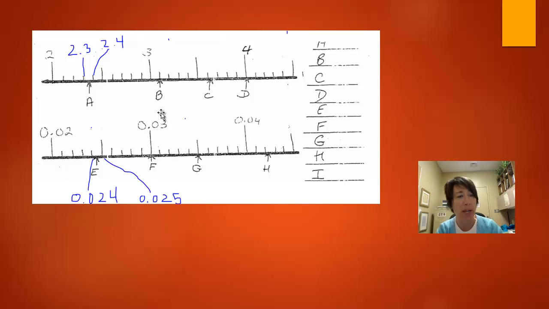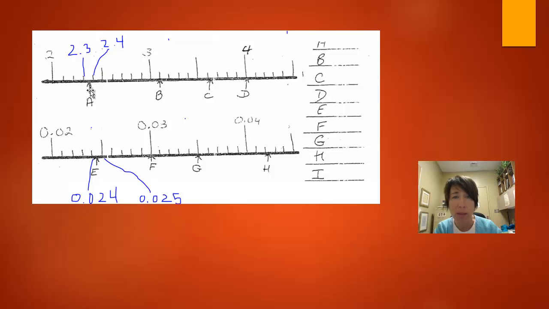Here I have a fictitious measuring device, 2 actually. I'm going to look at the top measuring device, and I'm going to look at correctly measuring the value of A. The first thing I want to do is see what each graduation stands for. Between 2 and 3, there are 9 graduations. So A is between 2.3 and 2.4. I know for certain that A is greater than 2.3.